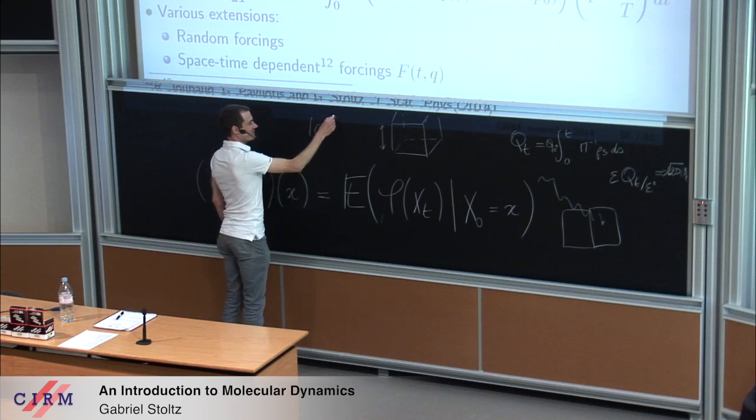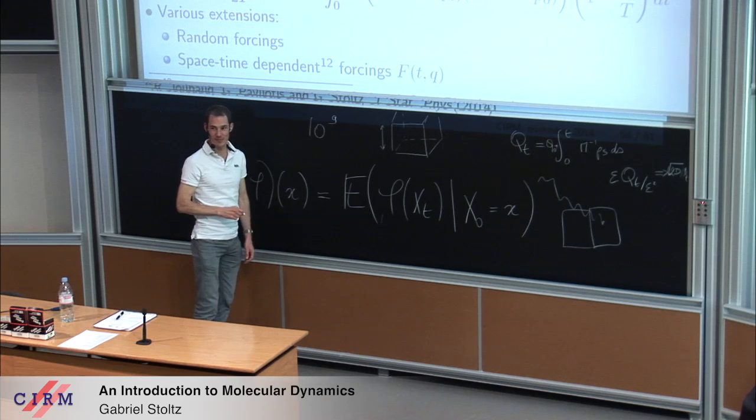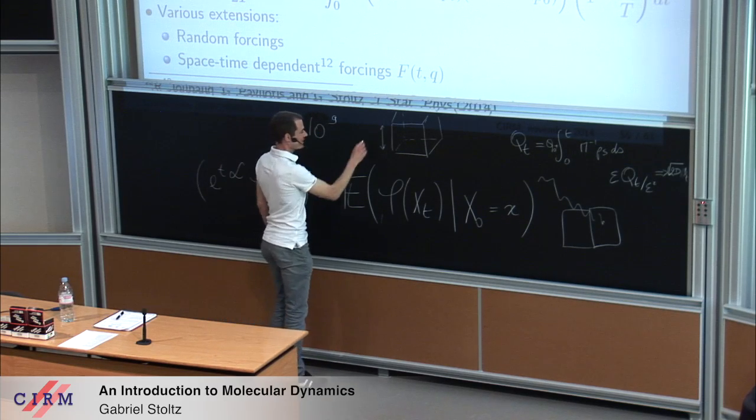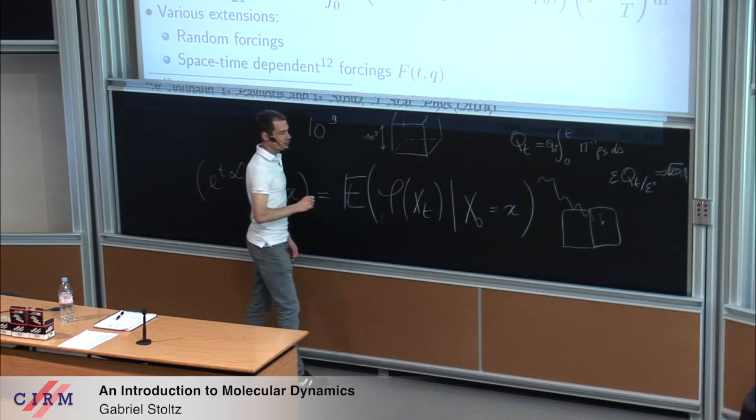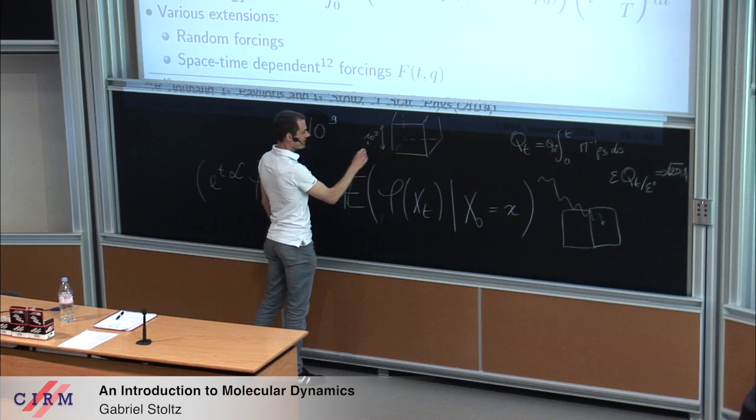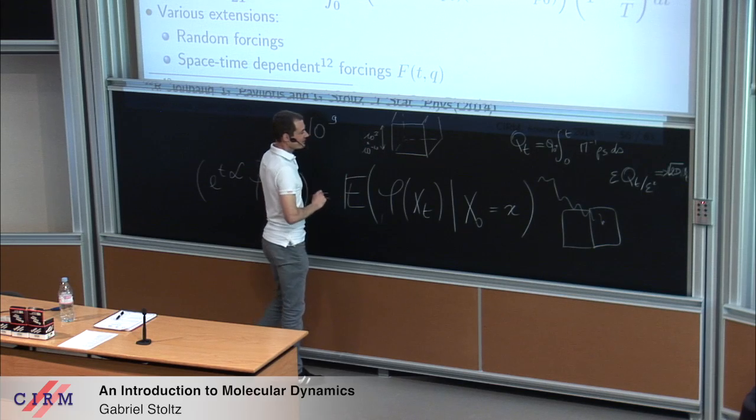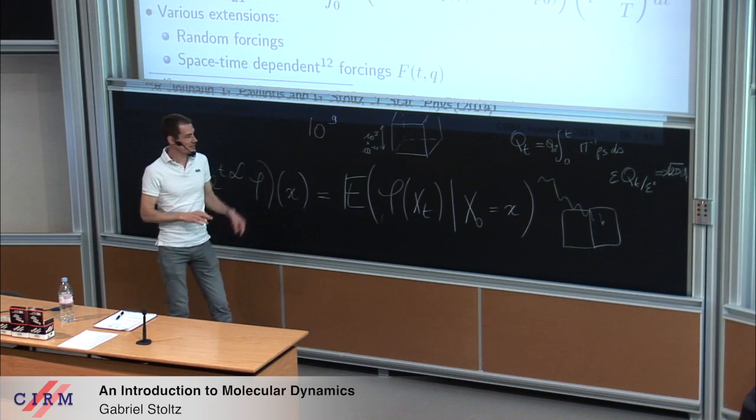So if you want, let's say I can simulate 10 to the 9 particles, which is already enormous. So this means that you've got 10 to the 3 per direction. And since the typical length scale is 10 to the minus 10, you see that it's about 10 to the minus 7 in each direction. So let's say a fraction of a micrometer.